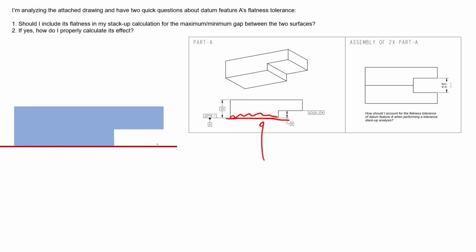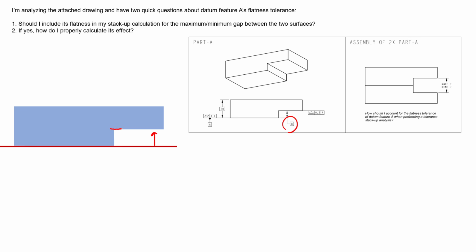And datum A is very critical because we notice that we're controlling the location, orientation, and form of this surface right here with respect to datum A, because we have a profile applied to that surface referencing datum A as the sole and primary datum. So that means we have a tolerance zone located from datum A by 8 millimeters.